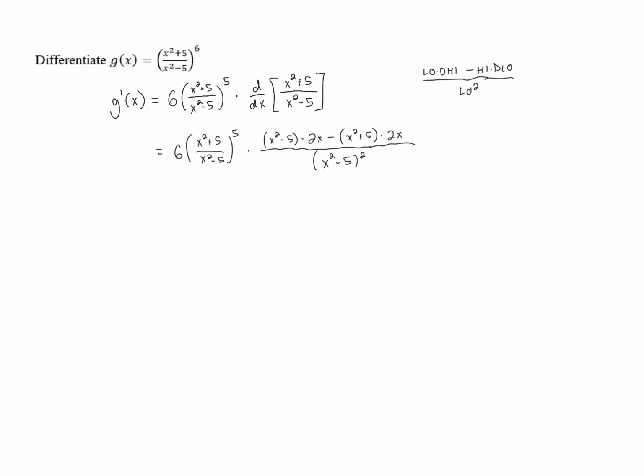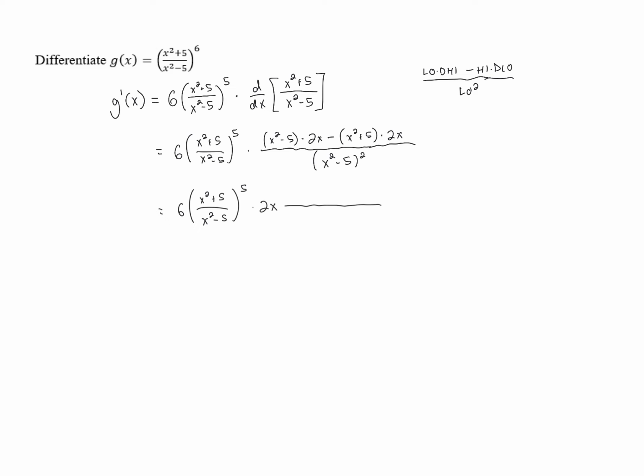Now, because both of those portions in the top have a 2x in them, we can actually factor out that 2x, and then all we'll have to do is distribute the subtraction to that second x squared plus 5. So what I'm going to do, again, I'm going to keep the first part the same. And then I'm going to pull out that factor of 2x.